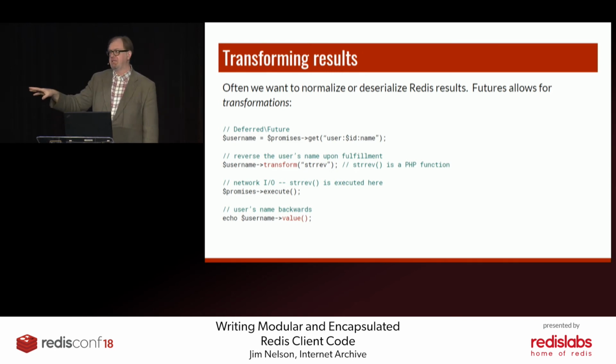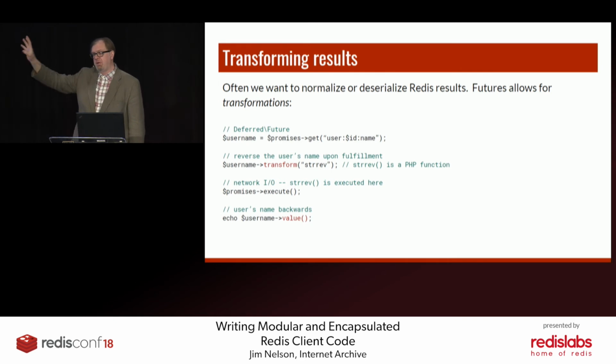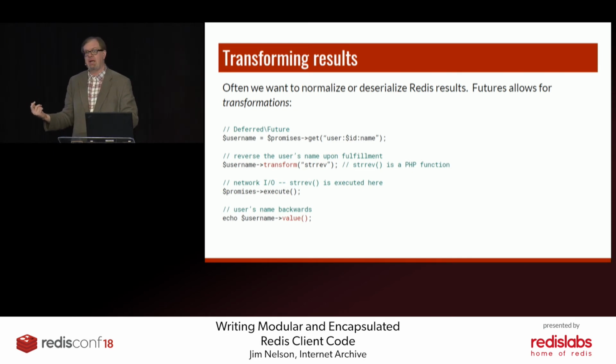Then the promises executes. That's where the I/O occurs. The username is fetched off the server and brought back, and then the transformation is executed in the background. So on that last line, when the username is echoed to the screen or out to the web browser, it's backwards. The transformation is registered alongside the scheduled operation.